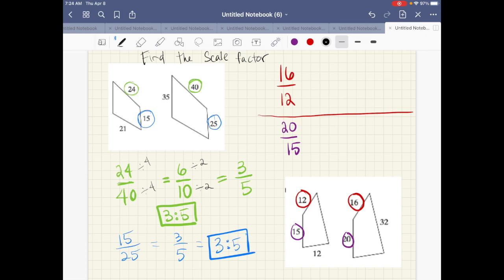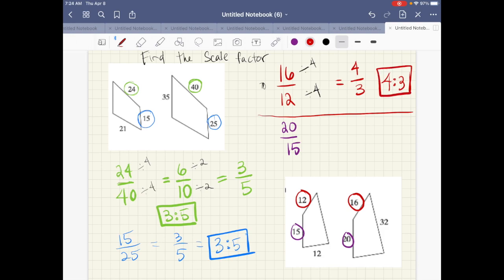So let's look at this one here, 16 to 12. Both of these are divisible by 4. So I'm going to reduce this down. And so 16 divided by 4 is 4. 12 divided by 4 is 3. So we've got a 4 to 3 scale factor.